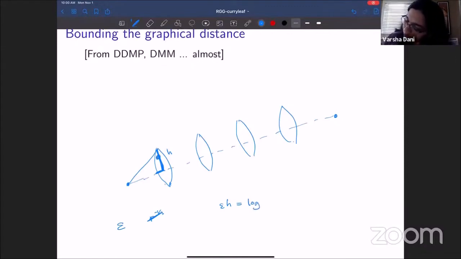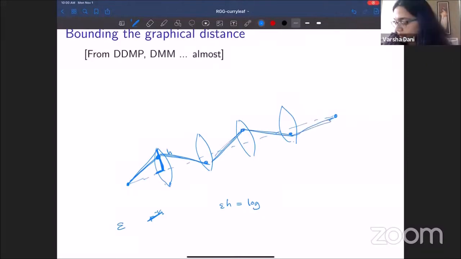Okay, so each of these disks, each of these lenses has a point in it, and there we've constructed a path, right? And well, okay, I guess I didn't tell you what the radius is.